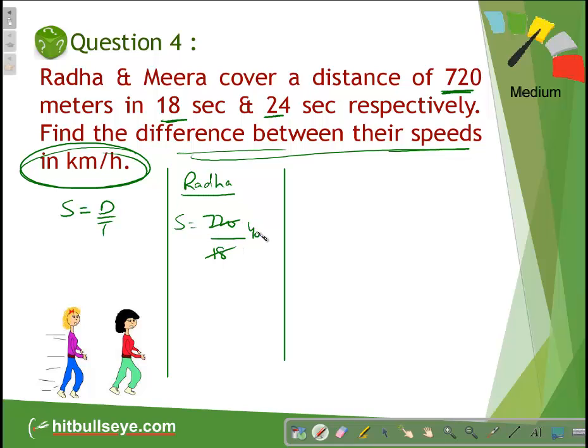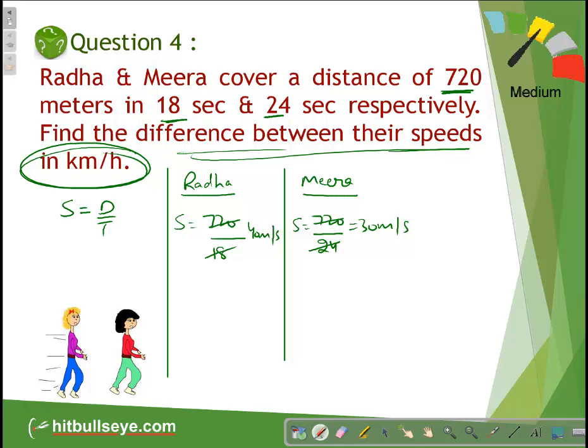So for Radha, speed will be 40 meter per second. And for Meera, again the distance is the same, students, 720 and time is 24 seconds. So for that it will be 30 meter per second. Now we have found their speeds, 40 and 30 meter per second.